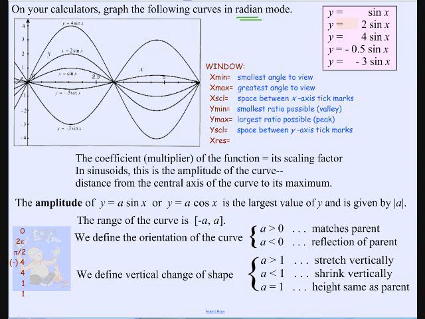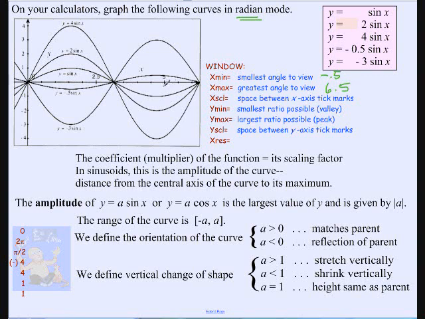And then put your x min, I would say that is about -0.5 radians. The greatest angle you want to view, let's see, this goes up to 5 radians, this must be 6, let's say positive 6.5 radians. I think that'll be about right.